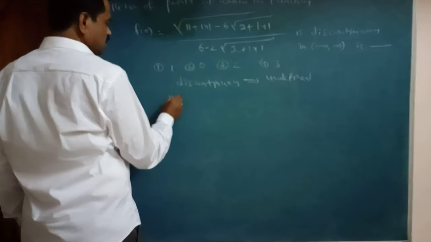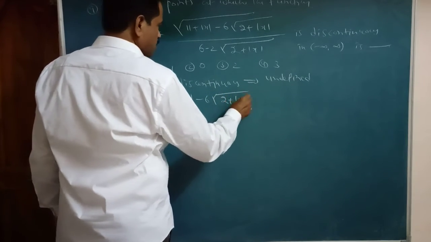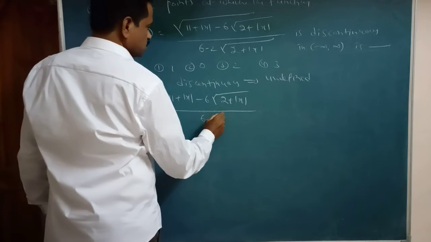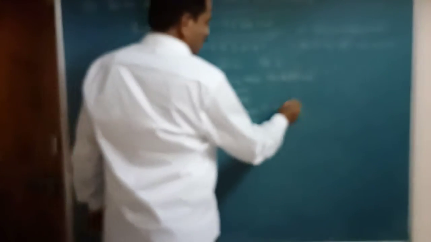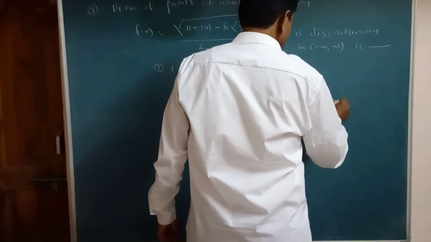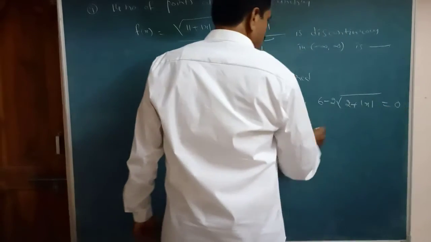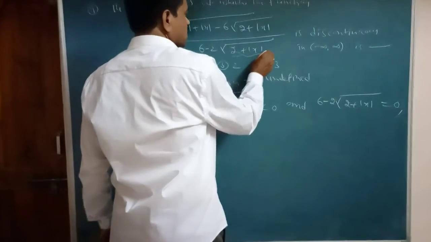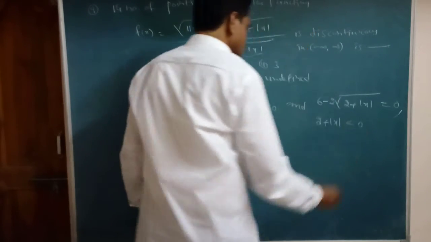So root function, that is 11 plus mod x, 6 root 2 plus mod x divided by 6 minus 2 into under root 2 plus mod x less than 0, and denominator equal to 0. 6 minus 2 root 2 plus mod x equal to 0, and root function less than 0, that is 2 plus mod x is less than 0.